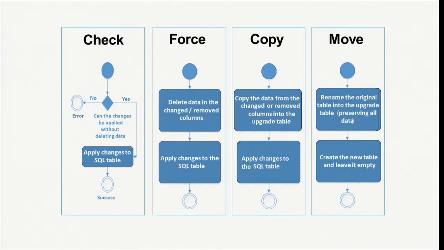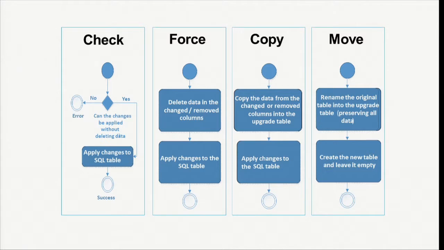So one of the upgrade options that I can define when modifying a table is upgrade option check. This means that the server will try to apply my change and fail if it finds that my change has a negative impact on data. For example, if I am deleting a field and this field does not contain data, then upgrade option check will be applied, so my field update will be propagated to SQL.